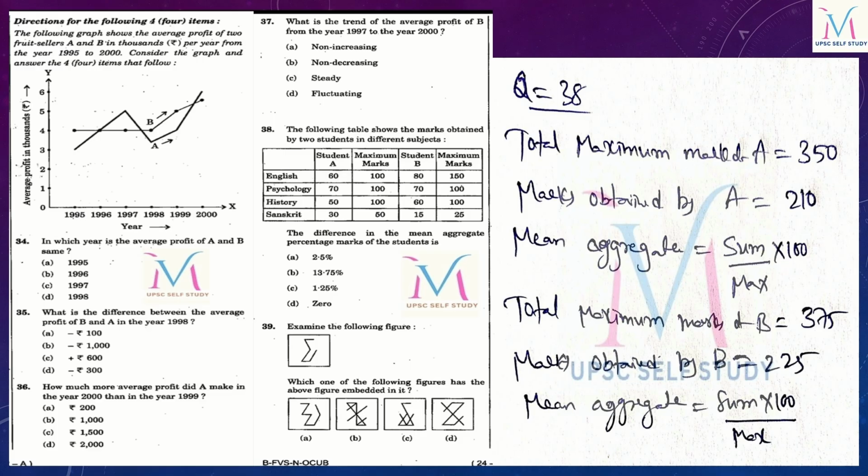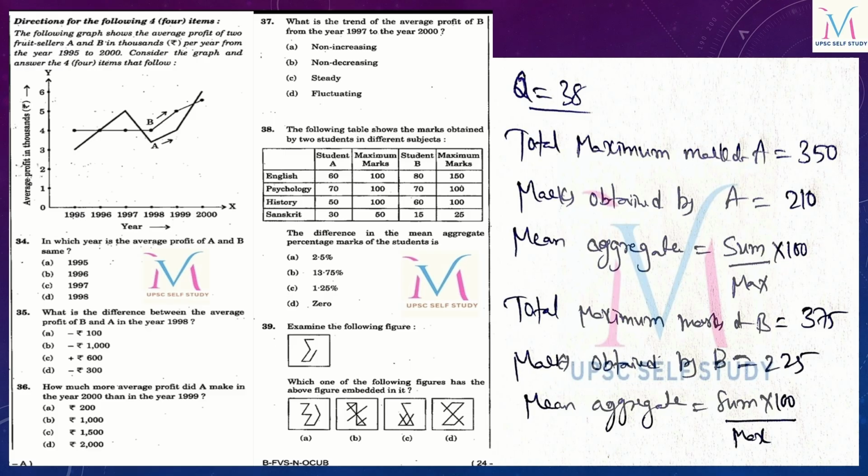If you clearly observe the graph, B is exactly on 4000, and A is not completely half but above, around 3300 to 3400. Let us assume that as 3400 regarding person A. In the question it is asked what is the difference between the average profit of A and B.